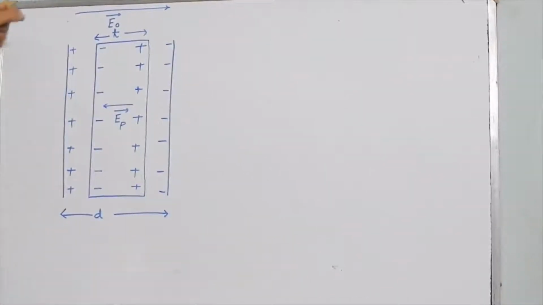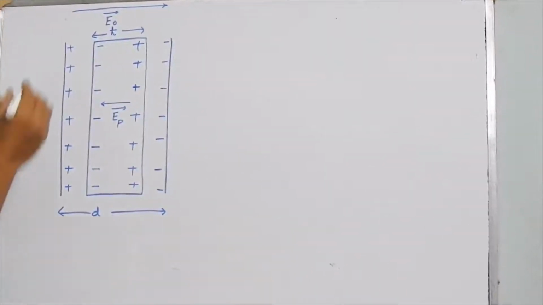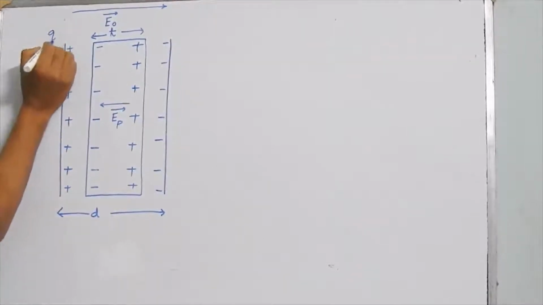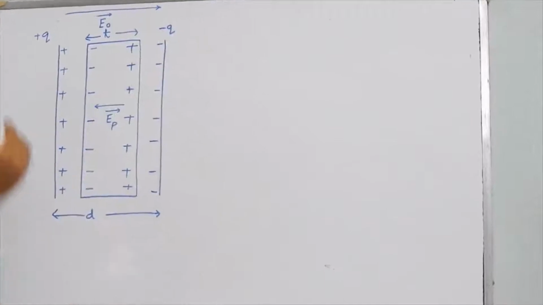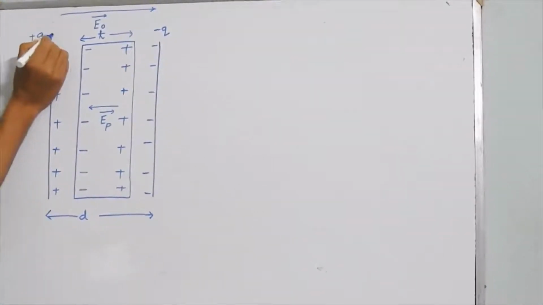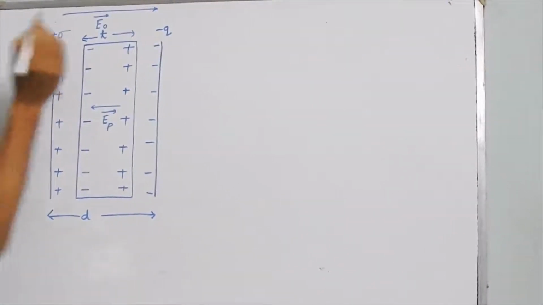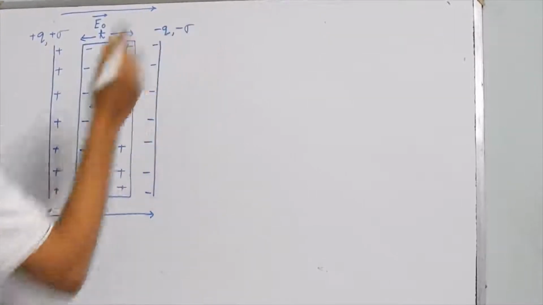So suppose the charge on the capacitor plates was initially plus Q and minus Q, and the corresponding surface charge density was plus sigma and minus sigma.